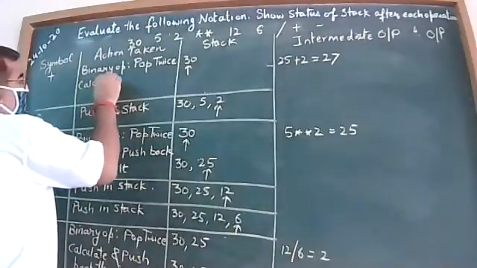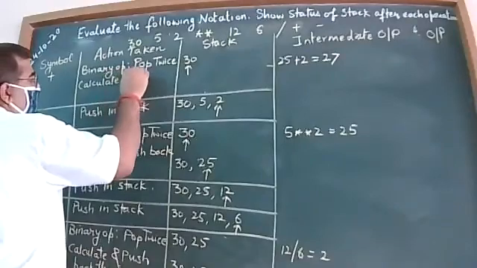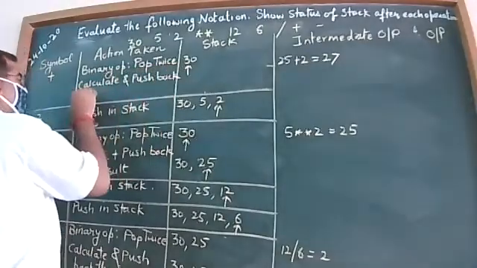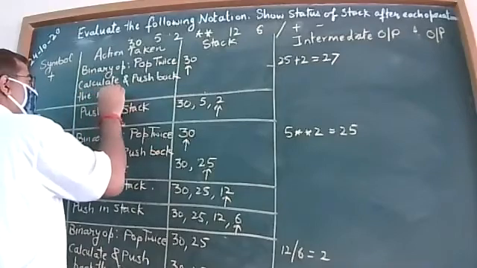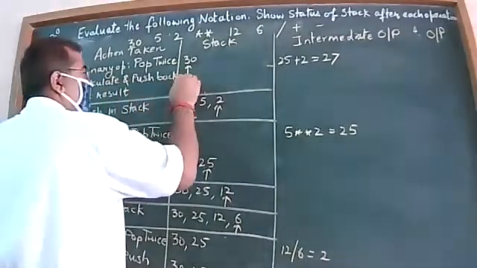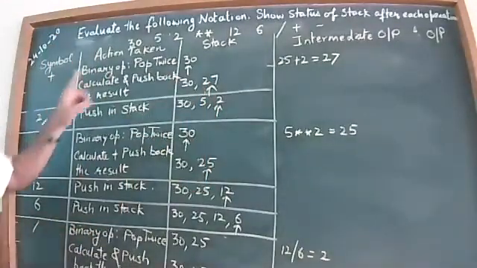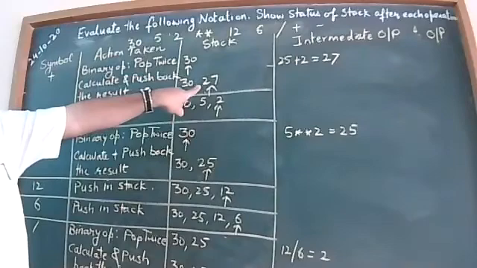Calculate and push back the result. So I am left with 30 and 27. 27 is the recently placed element.